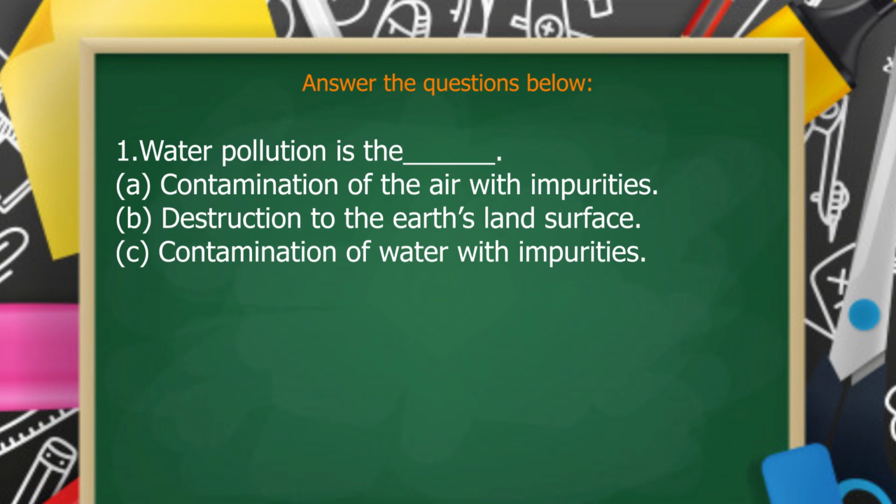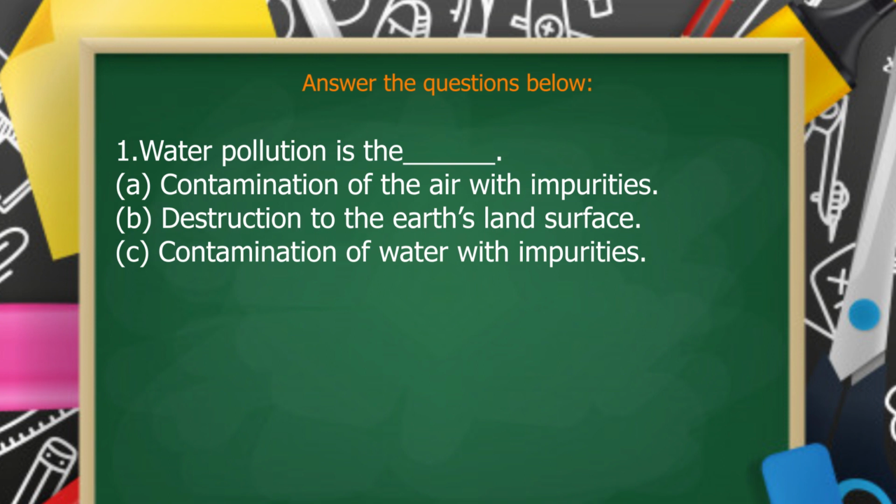We have two simple questions before we come to the end of this lesson today. Question 1. Water pollution is the A. Contamination of the air with impurities. B. Destruction to the earth's land surface.